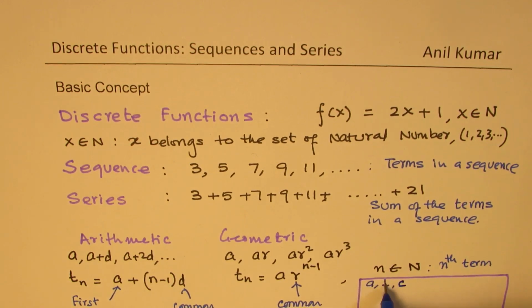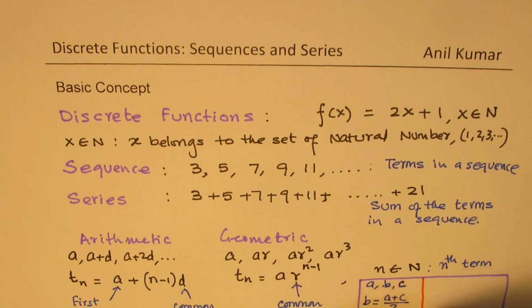And the in-between term is b. In that case, what is b equal to? b is the average value, right? So in this case, b will be equal to a plus c divided by 2. Now this is called arithmetic mean. Is it okay?